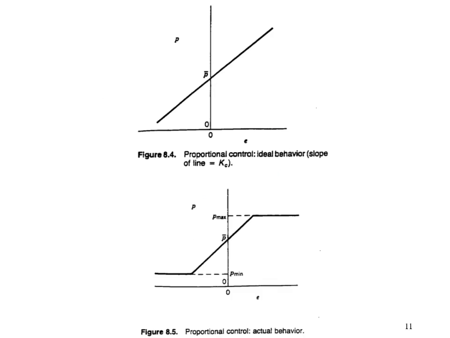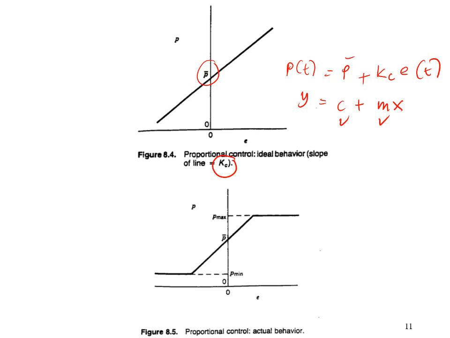Previously, from the proportional control equation, the controller output is equal to the bias plus the controller gain times the error of the controller. This is similar to the linear equation y equals mx plus c, where c is the bias, m is the slope, which is the controller gain Kc, e as a function of x, and p as a function of y.